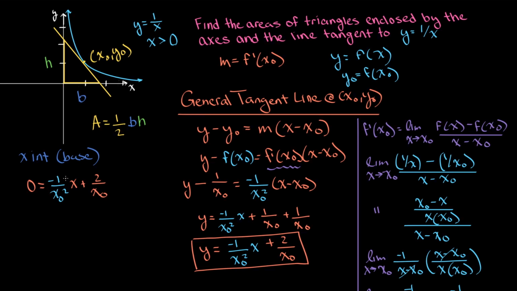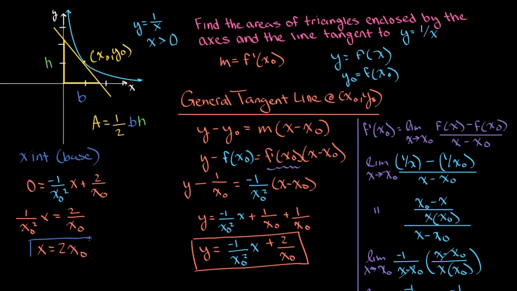So we can add this term over, and I'm just going to keep it in orange now. So we have 1 over x naught squared times x, and this is equal to 2 over x naught. And then we multiply by x naught squared on both sides, and we find that x is equal to 2 times x naught. And that is our base of our triangle.